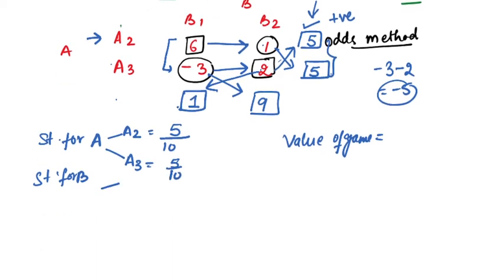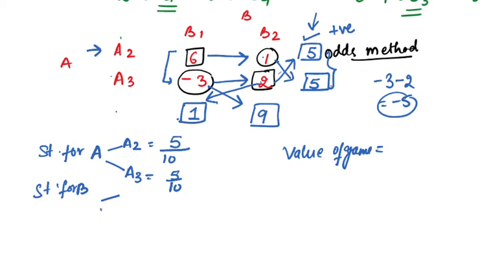Similarly, for B, we are having two strategies, B1 and B2. What is the number in front of B? It's 1 over 1 plus 9, that is 10. And B2 is 9 over 10. So these are the strategies. How much probability, how much percentage A will follow A2 and A3 and B will follow B1 or B2.